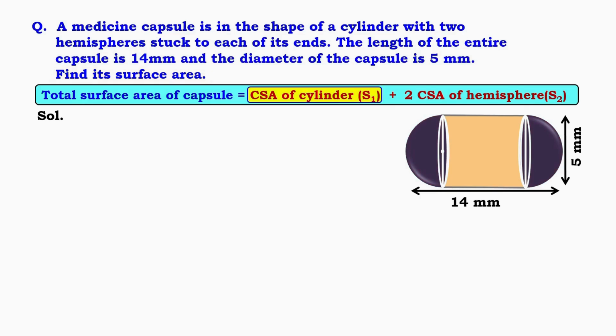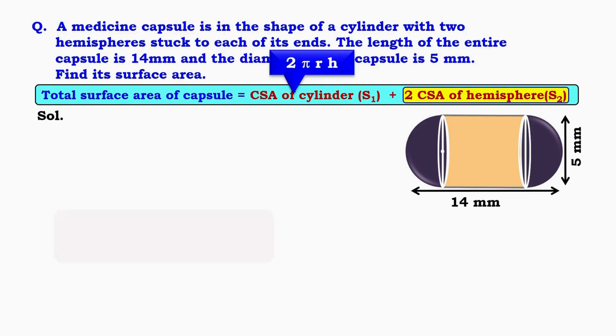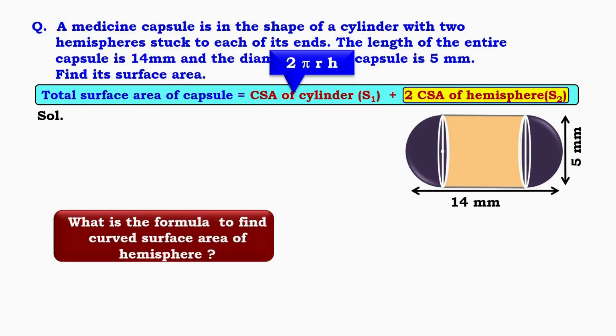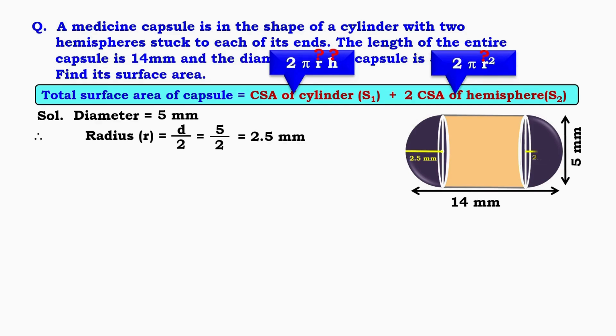Now let us calculate one by one. The formula for the CSA of the cylinder is 2 pi RH, and the CSA of the hemisphere is 2 pi r square. Since we have two, that will be 2 into 2 pi r square. So now we need to find r and h. The diameter is given, so we can easily find the radius, that is d by 2, equal to 5 by 2 millimeter, that is 2.5 millimeter.